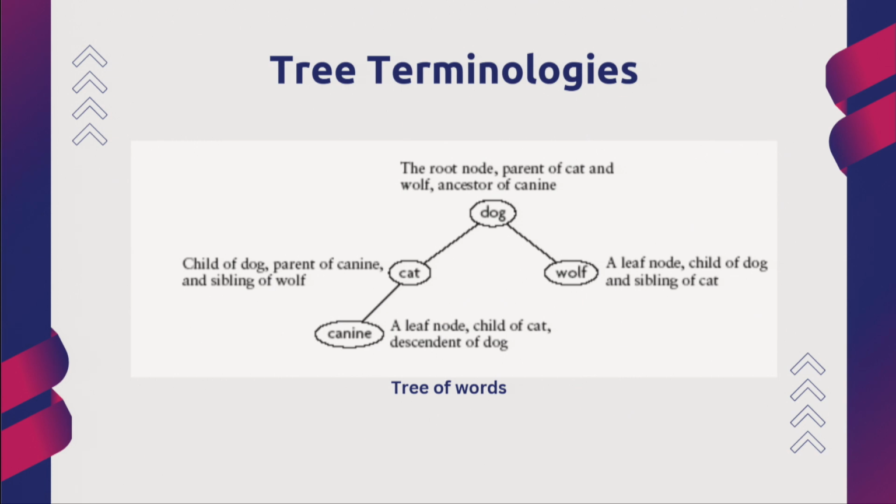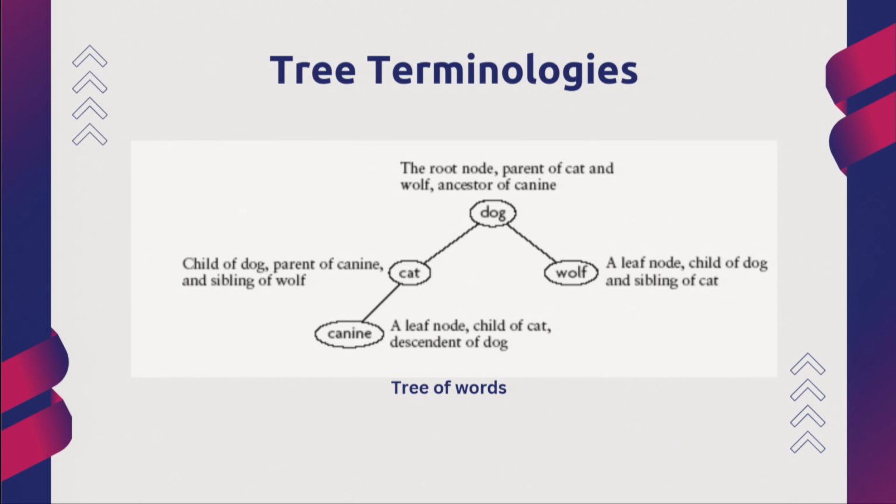So, here we have an example. We have exactly 4 nodes in this tree. Of course, in this tree the root is the node containing a value of dog, and you could see that the root contains exactly 2 children, one being cat and the other being wolf. And cat and wolf, we can call them siblings just because they both have the same parent.